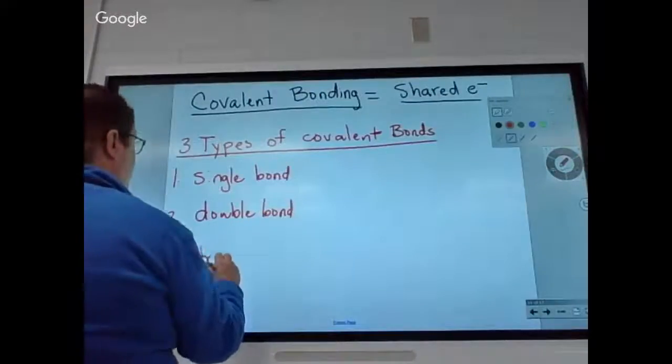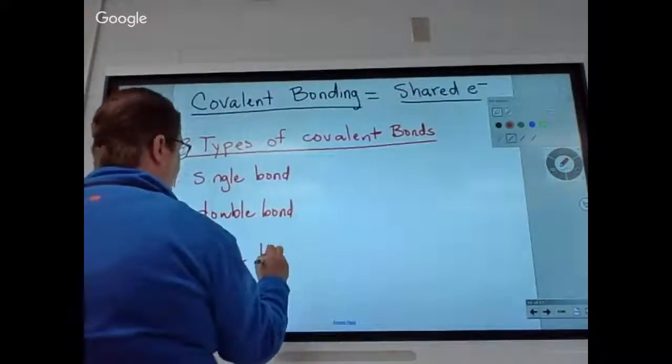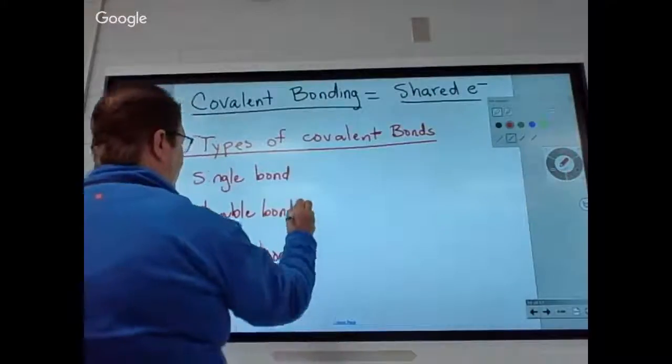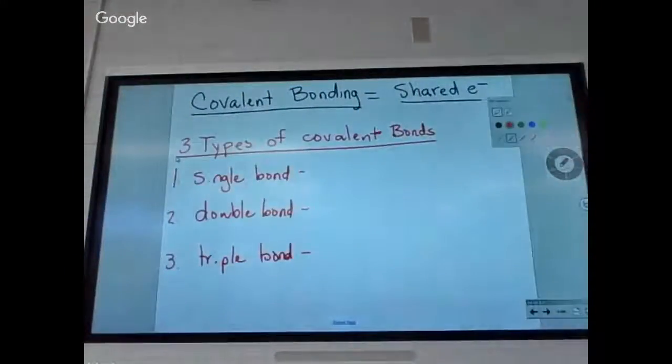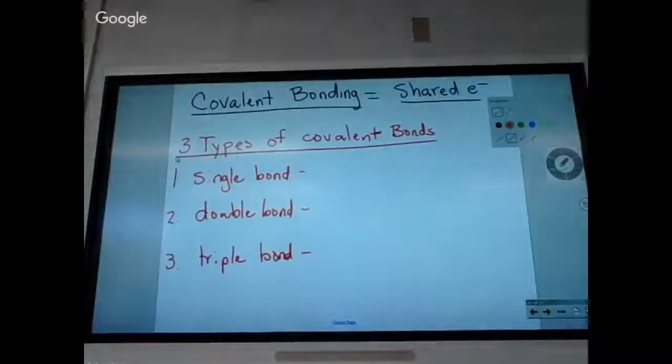The single bond will be y'all's favorite because it's the easiest. And after we learn to draw it tomorrow, y'all going to be going, oh, this is easy, Miss Wall. I like these. And everybody's going to be good until I throw in the double and triple bonds. Then you're going to be going, oh. And then some of you are going to still be going, I like this. This is easy.